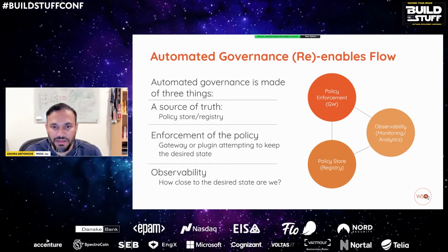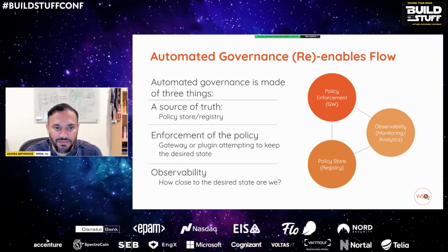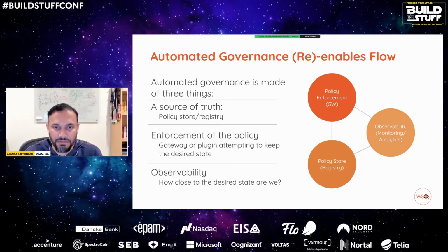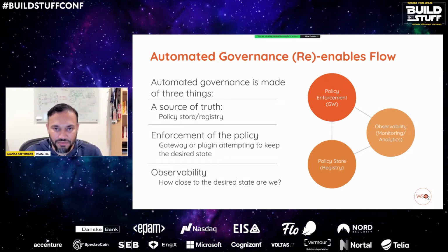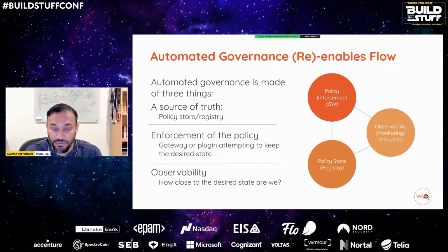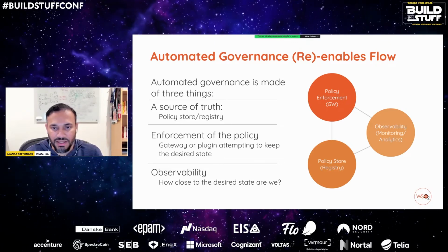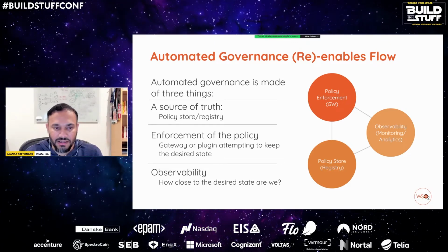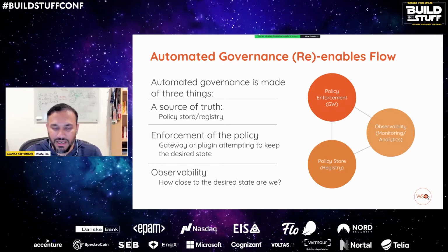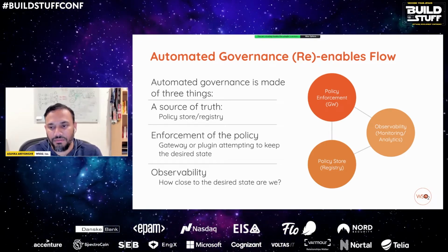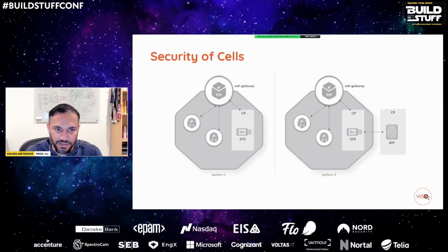So if you enable observability at the gateways, you can capture observability data and feed it into your observability platform or analytical platform. You can even use machine learning and AI to improve the user experience based on the data that you capture from your observability layer.